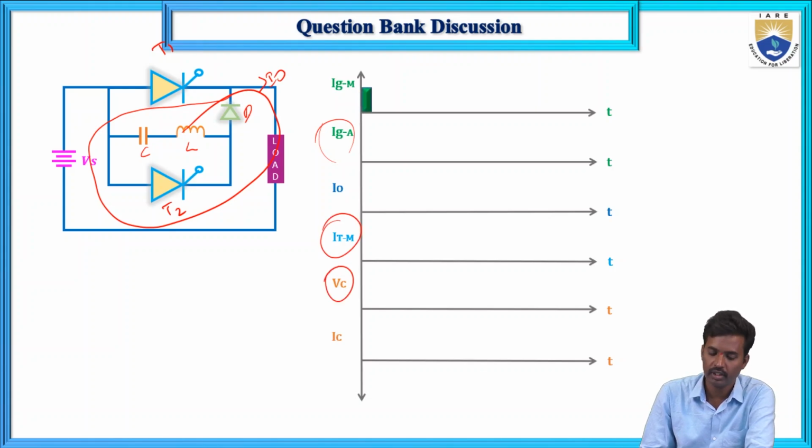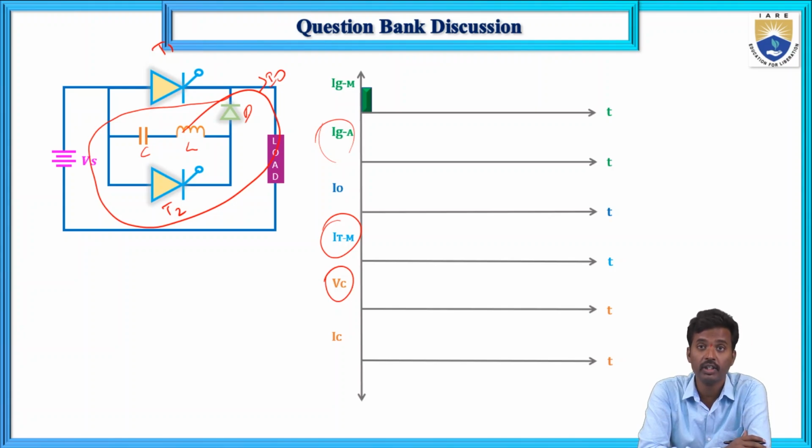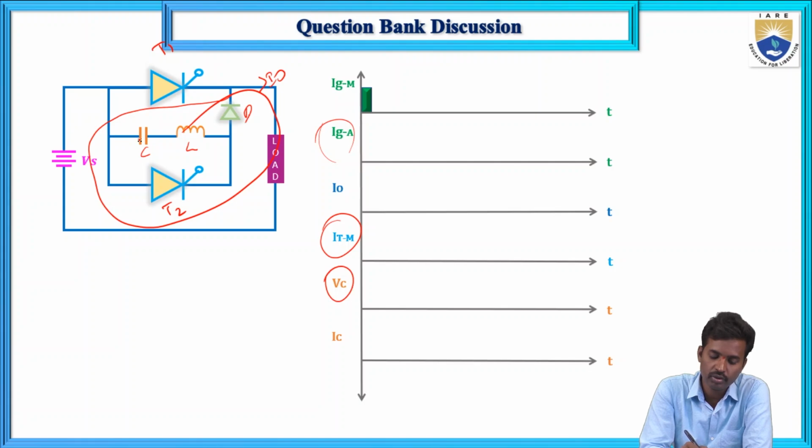Initially, the assumptions are that the output current is constant and the capacitor is initially charged. Current flows through this path, and the capacitor is charged plus and minus, so this SCR is in reverse bias. Now turn on this SCR.